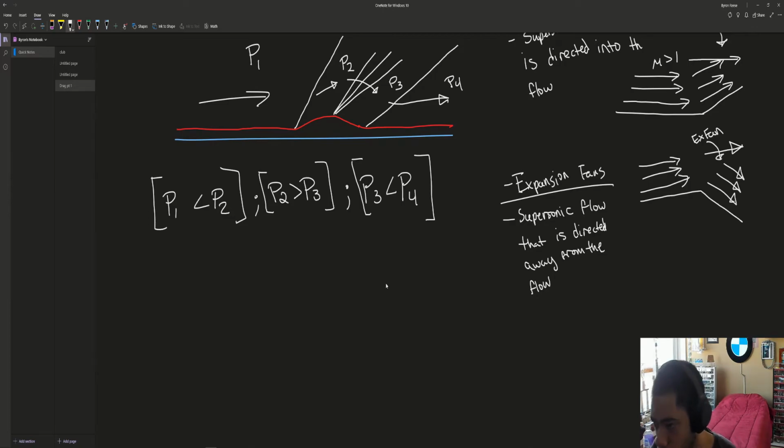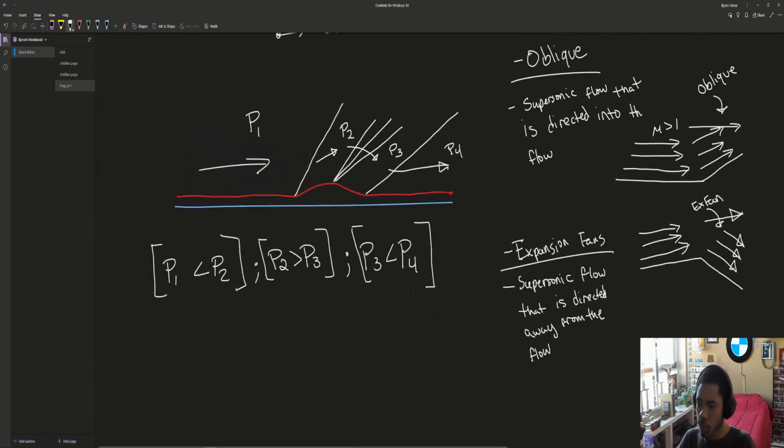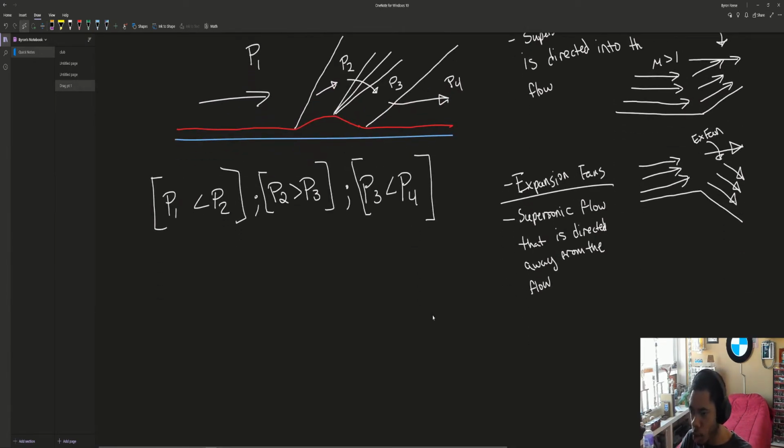So what does this mean? This means that from P1 to P2, a pressure spike happens. And then you get this region of high pressure pushing against the region of low pressure as it goes into the expansion fan. So you see this pressure of high, pressure of low.